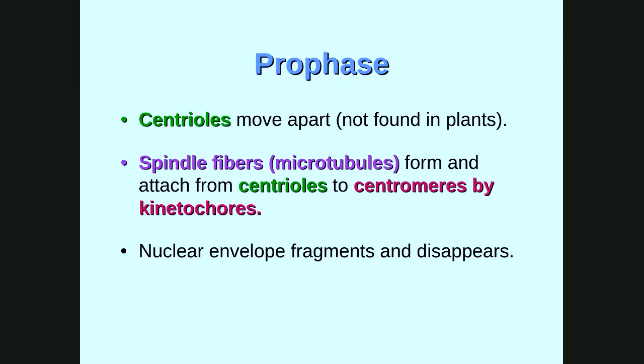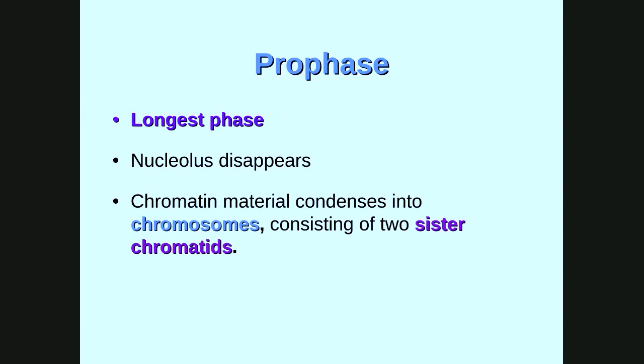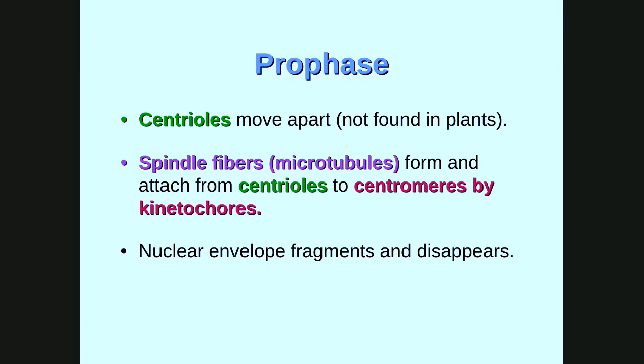Number one, in the prophase stage we see the nucleolus disappears. First of all, what happens during prophase? The nucleolus disappears. Then the centrioles, the cell organelles we studied in the previous week, in the animal cells move apart.